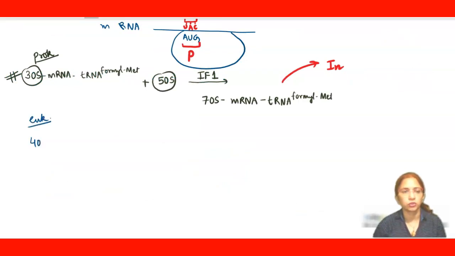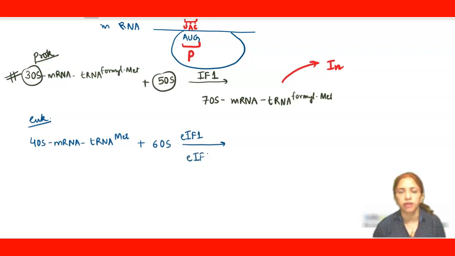Okay. So in the eukaryotes, the smaller subunit was already attached with the messenger RNA, and this messenger RNA was attached to the methionine. So here also the right time has reached where the larger subunit will unite with the smaller one, and in this process eukaryotic initiation factor 1 will also help, and eukaryotic initiation factor 4 will also help, because of which the ribosome will become functional.